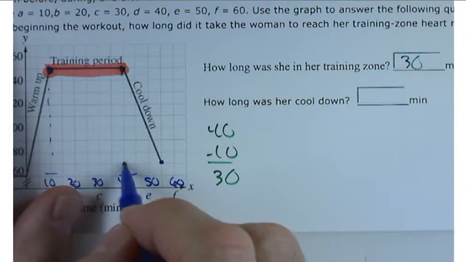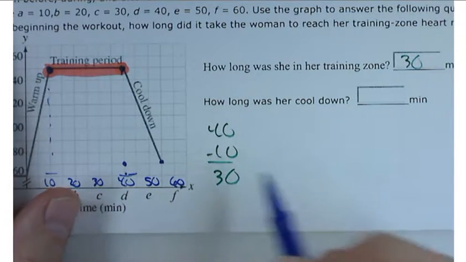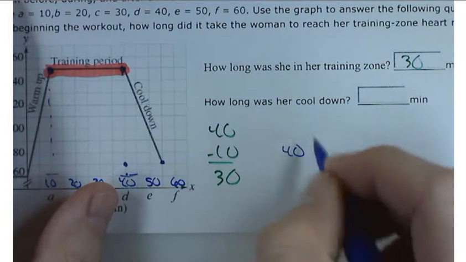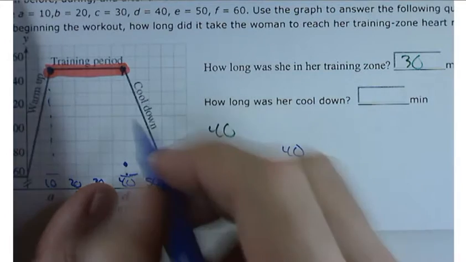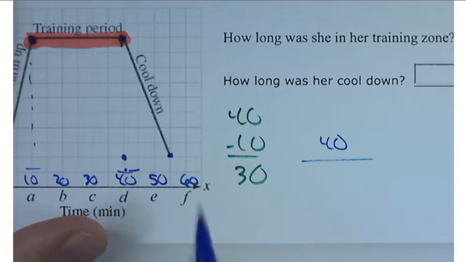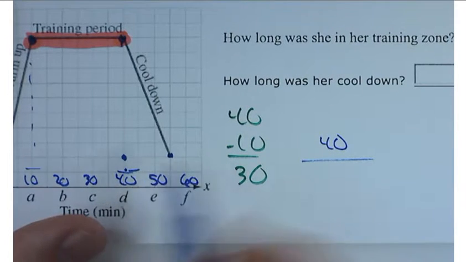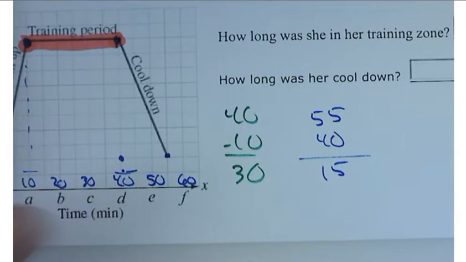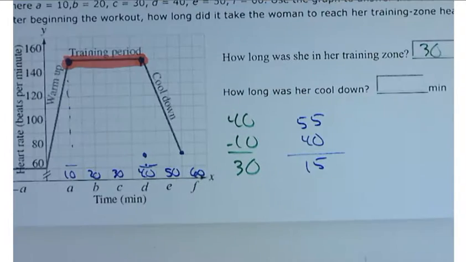Let's see. Where did she start the cool down zone? At what time? About 40 minutes. Where did she end it? Roughly what time? Yeah, it's between 50 and 60, so we'll call it 55. So about 15 minutes in the cool down zone.